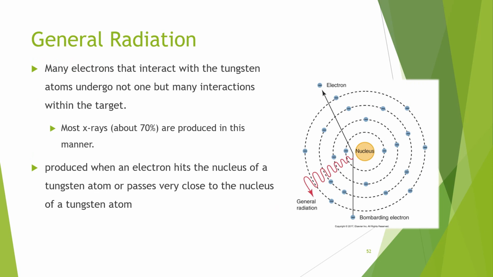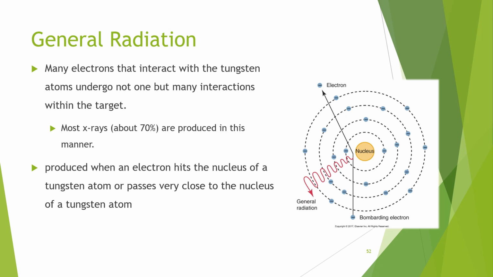Okay, so in general radiation, that high volume of electrons that are traveling down the tungsten and hit into that target, they undergo not one, but many interactions with the target. Most of the X-rays that are produced here, about 70% of them, are produced in this way.